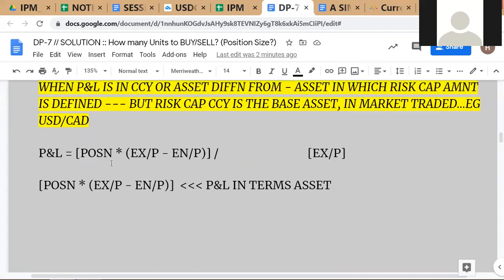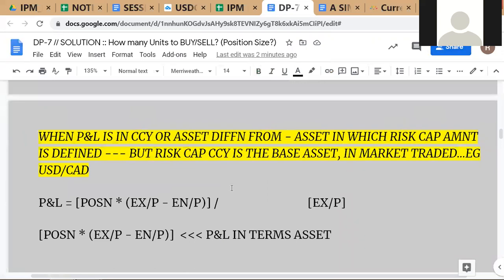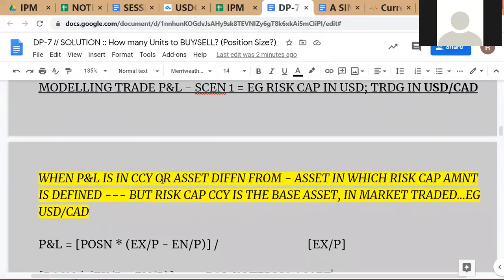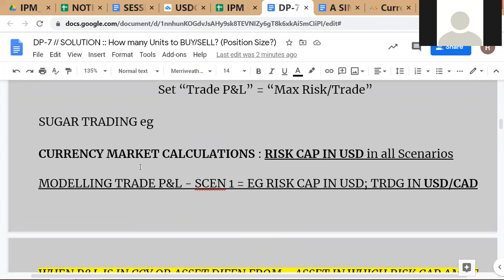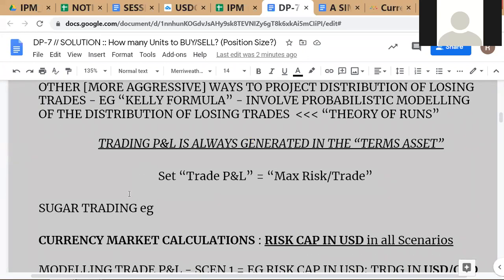So up until here, this one is the P&L in the terms asset, but that's not good enough for us because the P&L is in a currency or asset different from the risk capital currency. Okay, so we can call this P&L currency. So P&L currency is different from risk cap currency. So therefore, we can write this as one more calculation. Okay, set trade P&L, the maximum trade P&L.